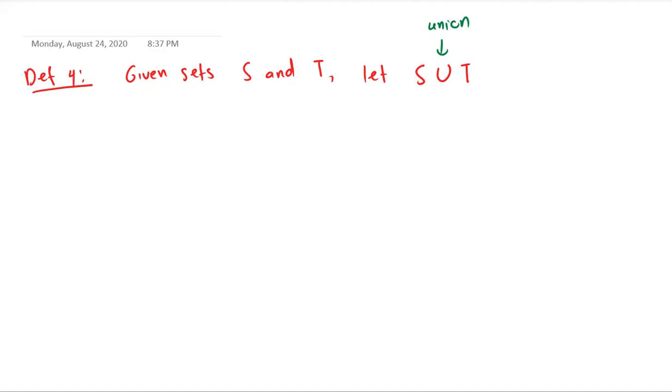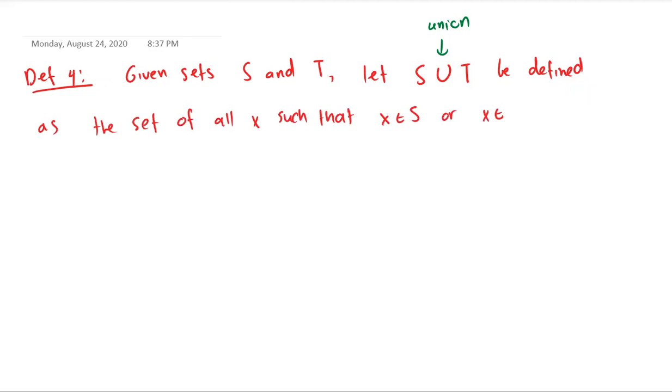So let S union T be defined as, so what is this set? It is the set of all x such that x is in S or x is in T.